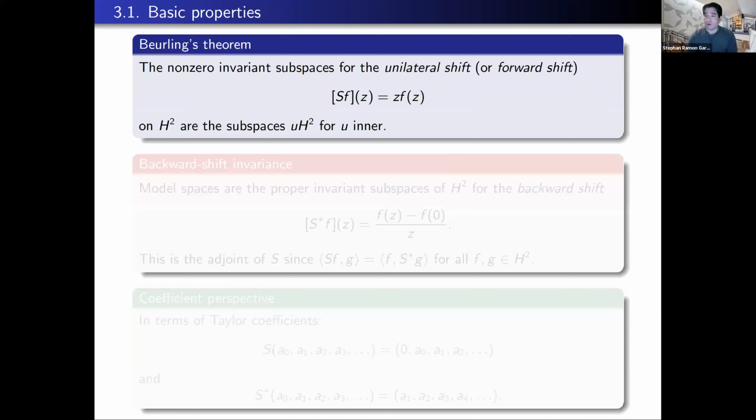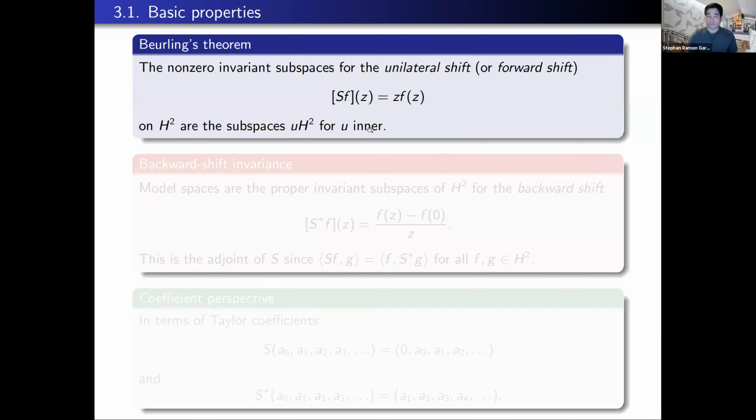You may recall from Beurling's theorem that the non-zero invariant subspaces for the unilateral or forward shift operator, where we take F and just multiply it by Z, are these Beurling type subspaces, UH2, where U is inner.